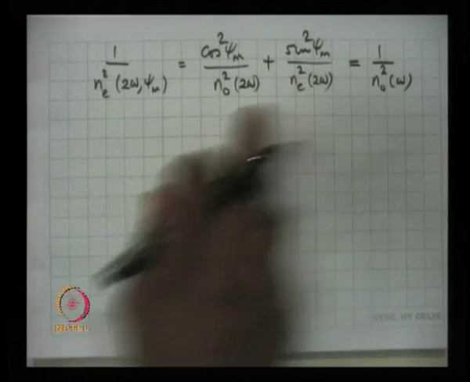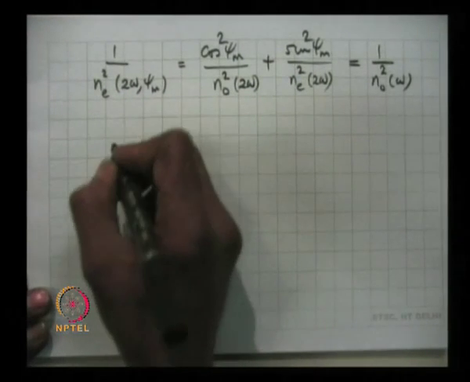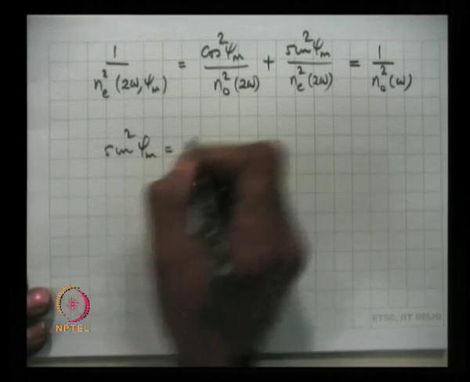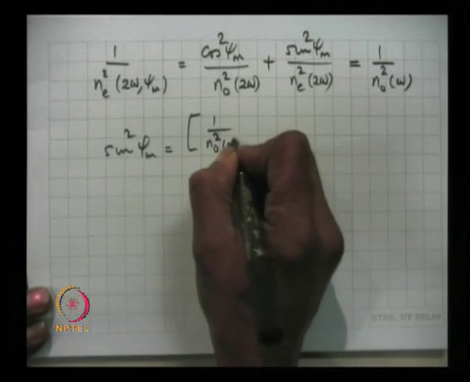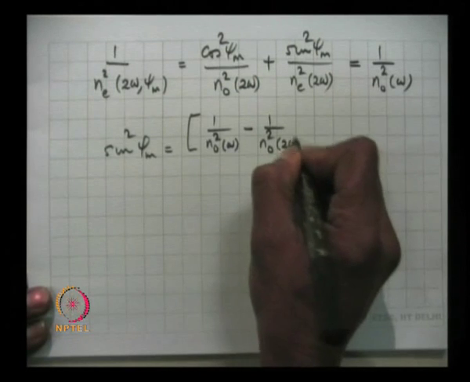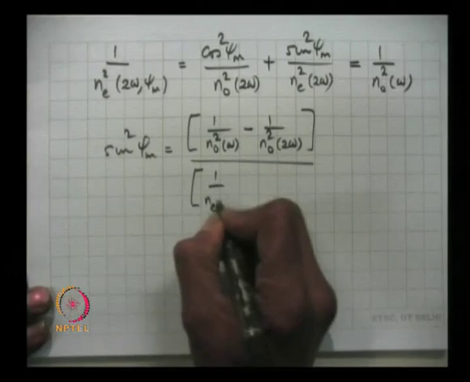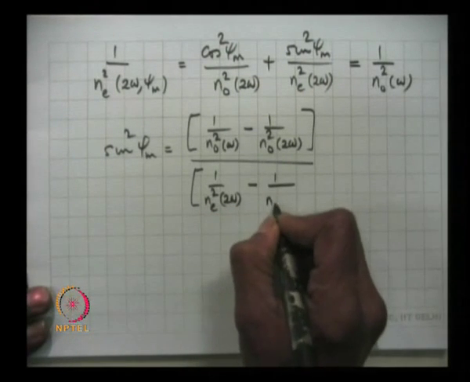I can simplify this equation and I will get the following equation: sin square psi m is equal to 1 by NO square of omega minus 1 by NO square of 2 omega, divided by 1 by NE square of 2 omega minus 1 by NO square of 2 omega.